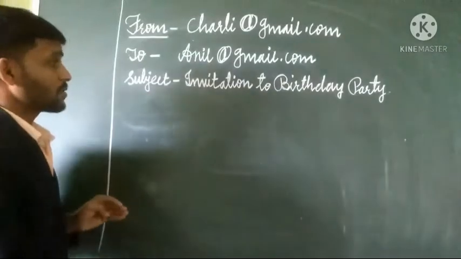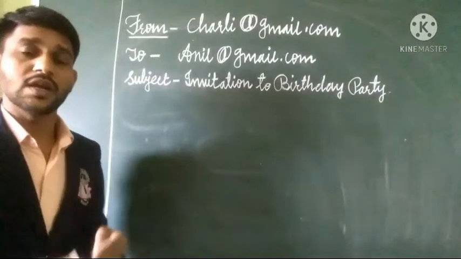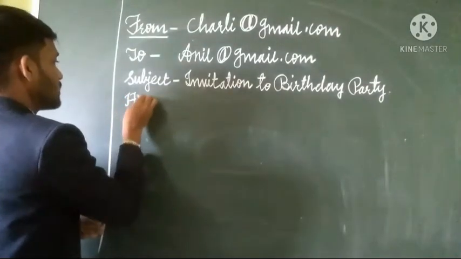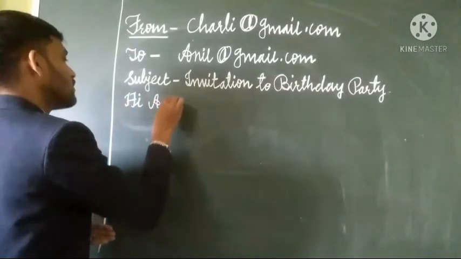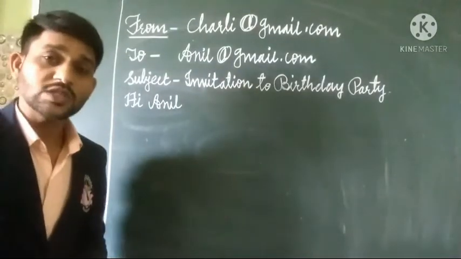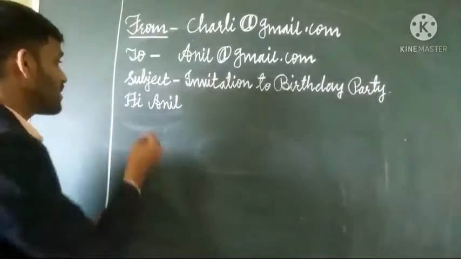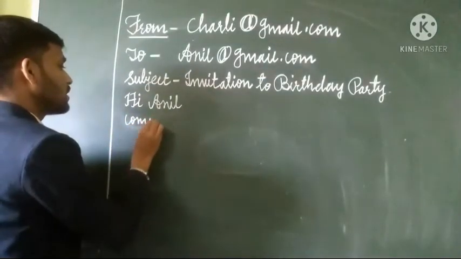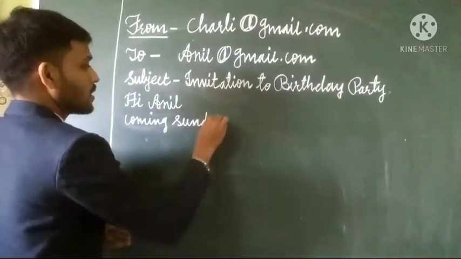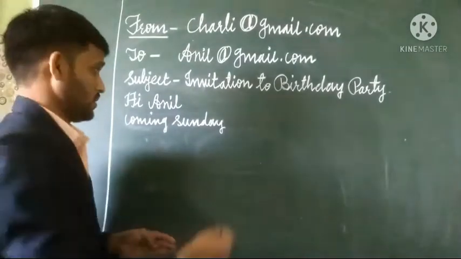Then after that will come the salutation. Suppose I am writing to my friend Anil, so I will use Dear Anil or Hi Anil. I will use Hi Anil here. After this salutation, of course we will go towards the body of our email. Now I will write: coming Sunday is 16th of October.